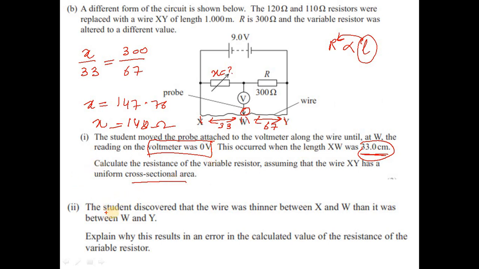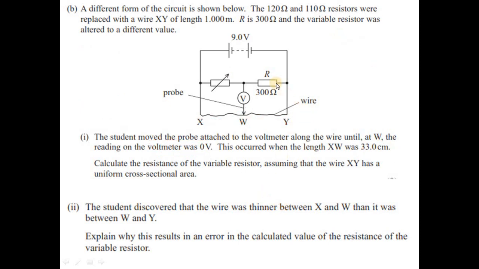The student discovered that the wire was thinner between X and W than it was between W and Y. Explain why this results in an error in the calculated value of the resistance of the variable resistor.